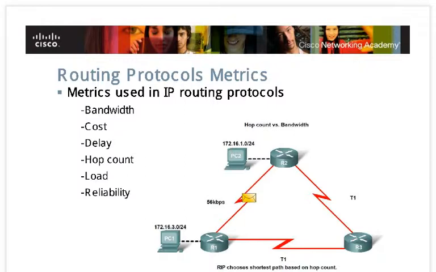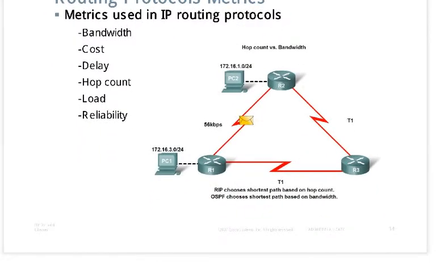One thing I have to say here is that the metric is not represented by only one of these. It could be a combination of all these. Okay? So, for example, RIP chooses the shortest path based on the hop count.